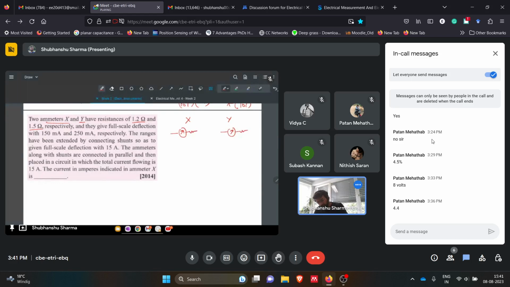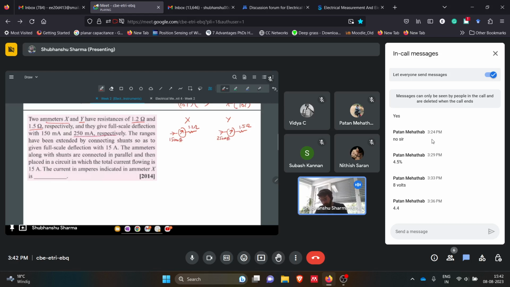X is having 1.2 ohm resistance. The resistance of an ammeter is the coil resistance of that ammeter. And Y is having 1.5 ohms. The full scale deflection for X is 150 milliampere, and for Y is 250 milliampere.